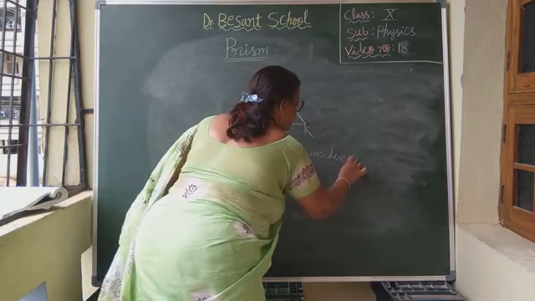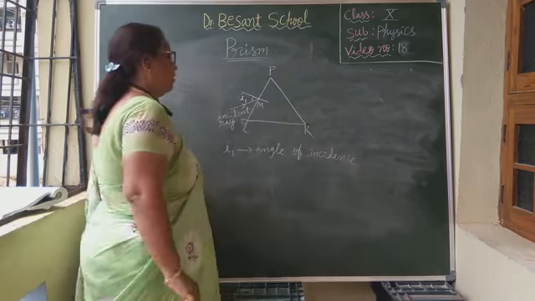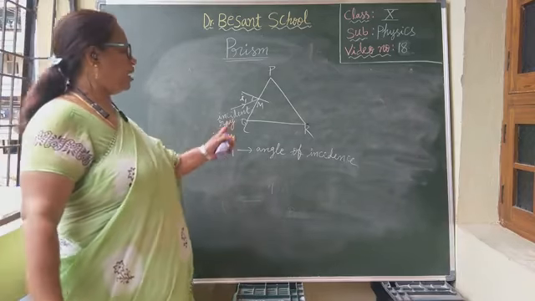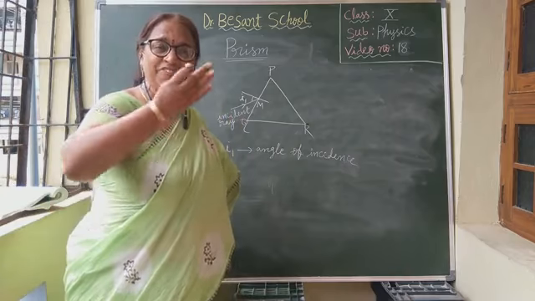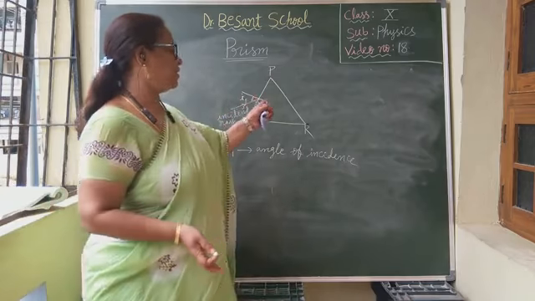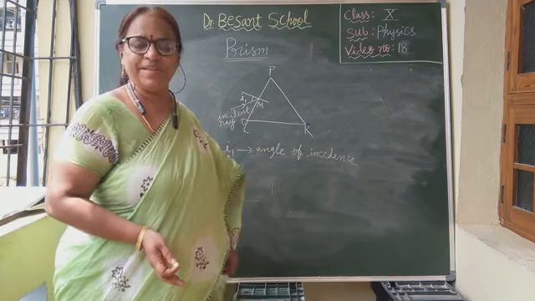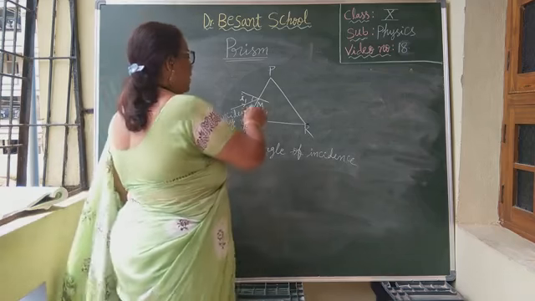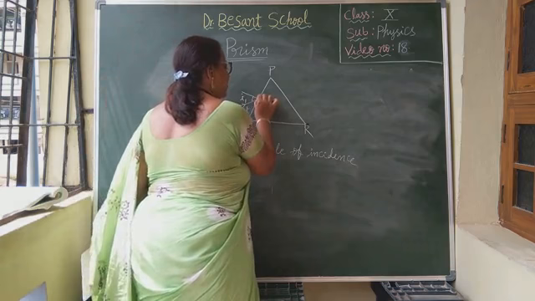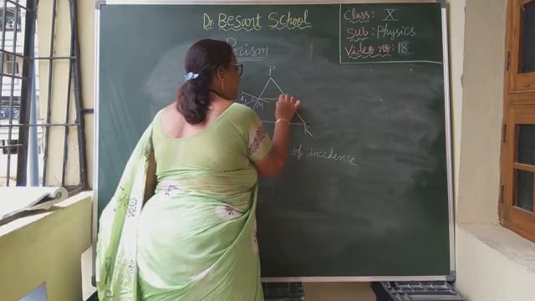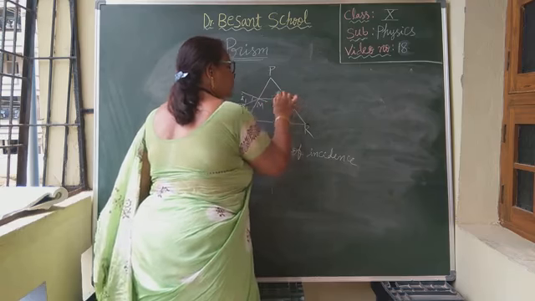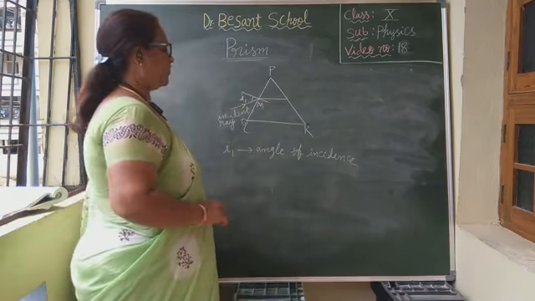I1 is the angle of incidence. What will happen after touching at point M? The light ray will get refracted because it is entering another medium, that glass prism. So at M this light ray gets refracted, and this refracted ray passes and touches the other surface of the prism. This is the refracted ray.